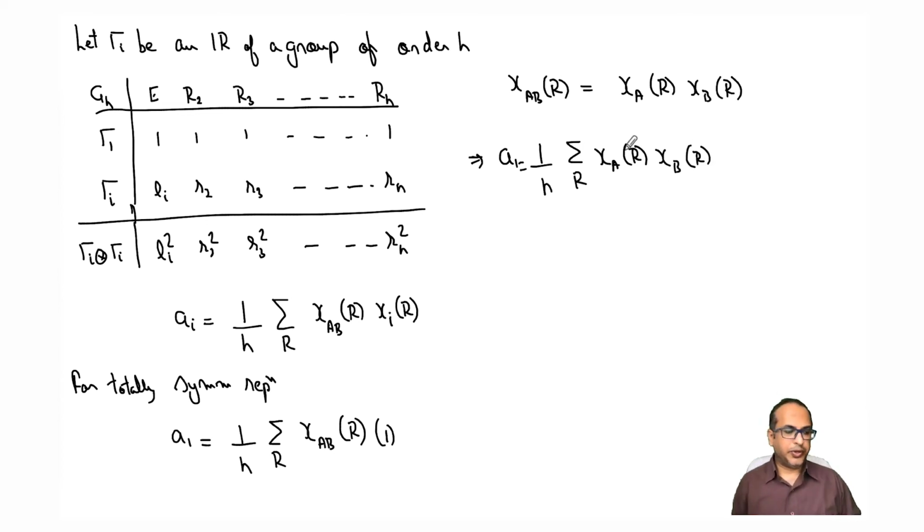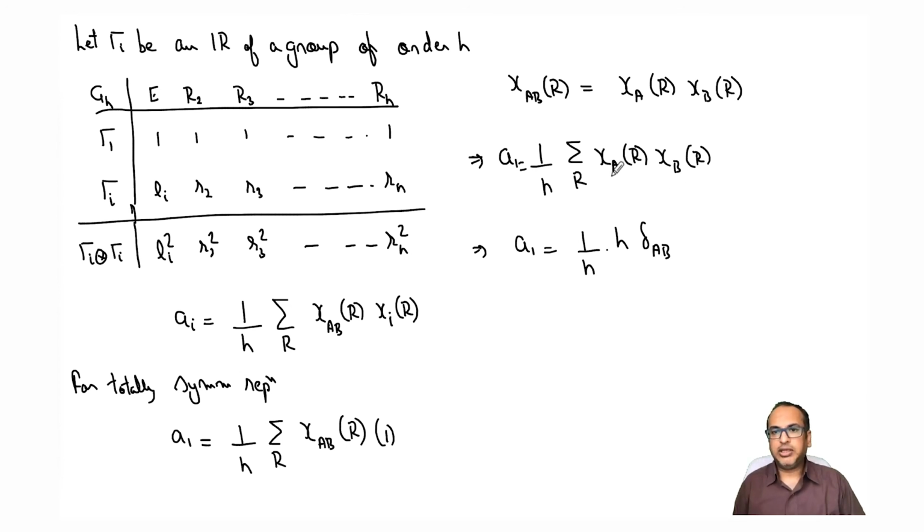From the great orthogonality theorem, this is 1 over h into h delta AB. So summation over all R of the characters of two IRs gives you delta.